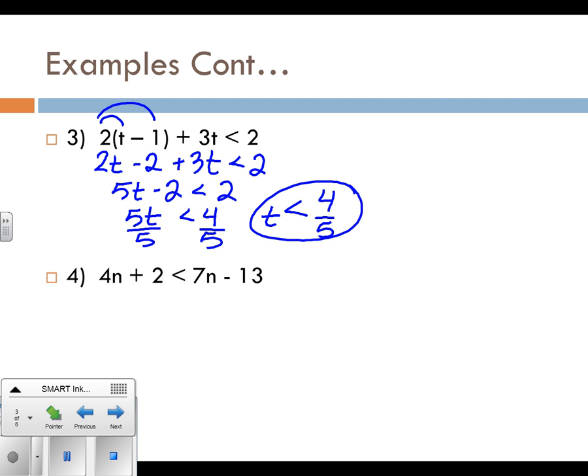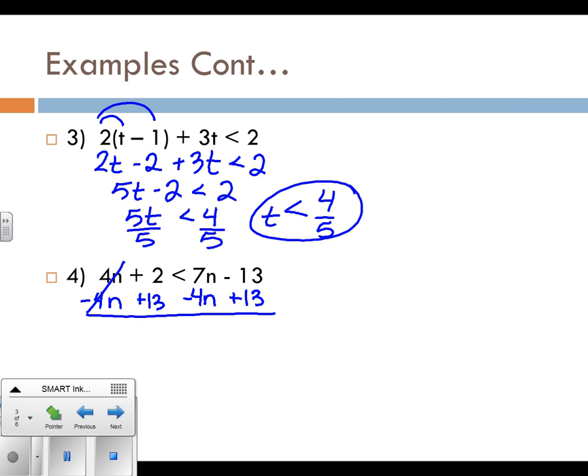4n plus 2 is less than 7n minus 13. In this problem, we would need to put the n terms to one side of the inequality and our constants to the other side. I'm going to subtract 4n from both sides to get the n's over on the right side of the inequality, and then I'm going to add 13 to both sides to get the constants to the left side of the inequality.